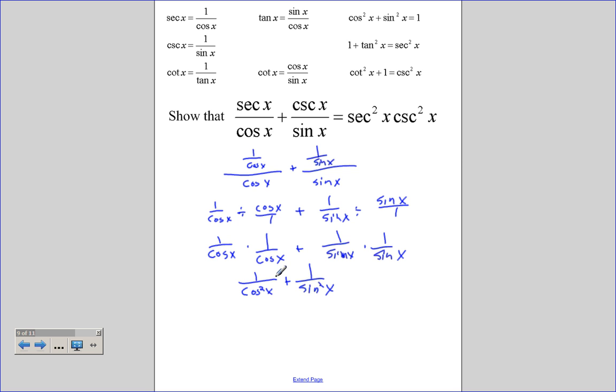So now let's see where we can get from here. Let's make a common denominator and figure this out. The common denominator here would be cosine squared x sine squared x.